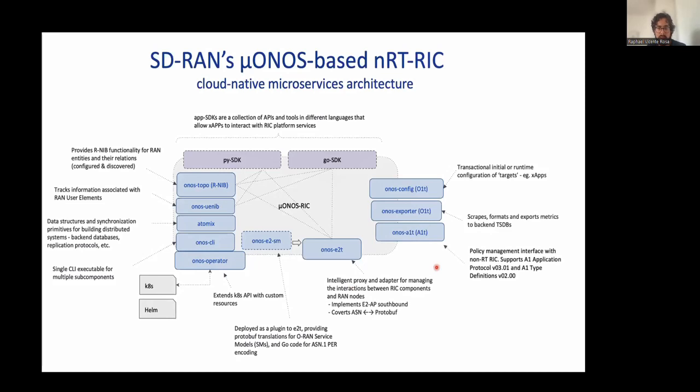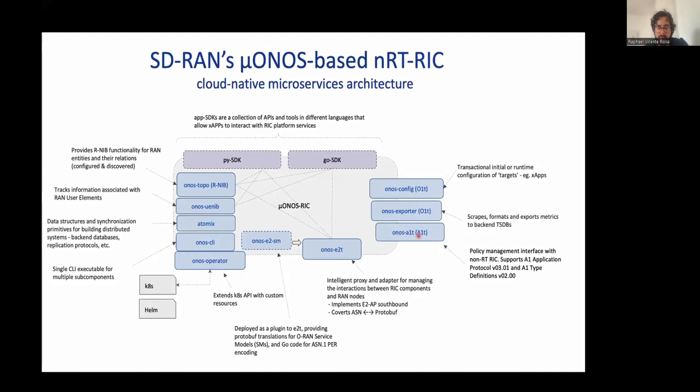And one of the latest achievements of the architecture is the composition of this ONOS A1T component. This is related to the specification of the A1 interface. It's a REST interface that now implements the policy-based definitions for the non-real-time RIC to be added to the near real-time RIC.